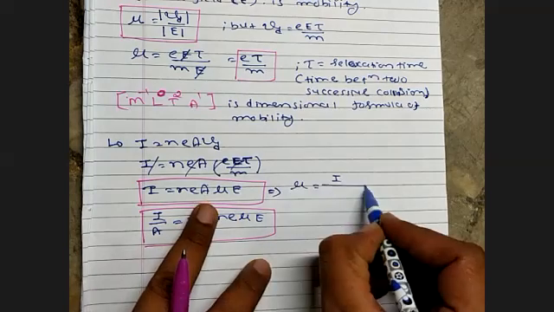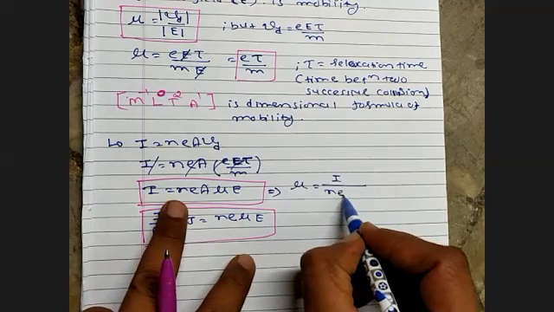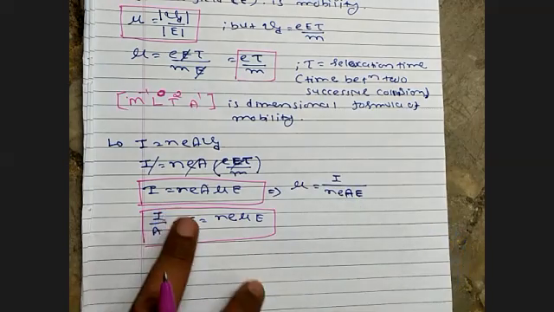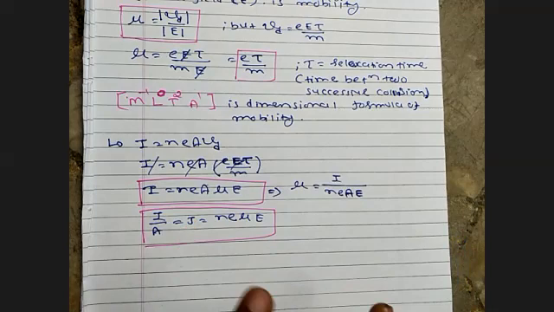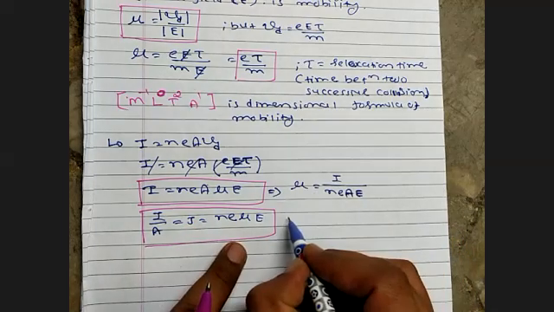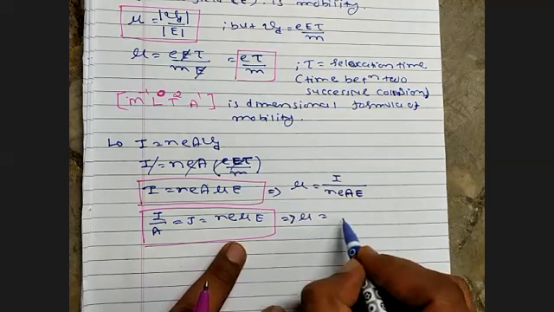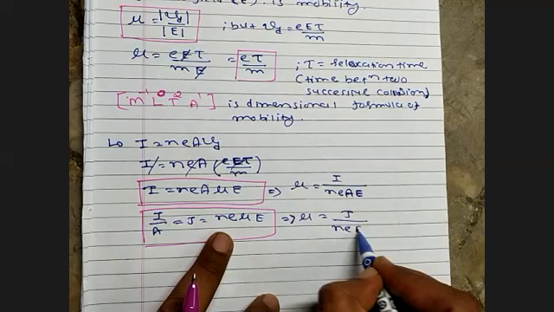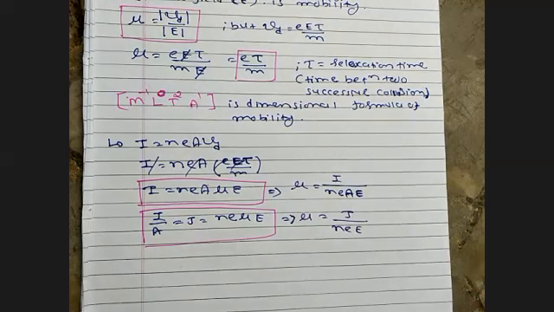Mu is equal to I divided by N E A E. By this way, mu value is this over here. Directly also, J is equal to N E mu E. So the dimension remains the same, no change.